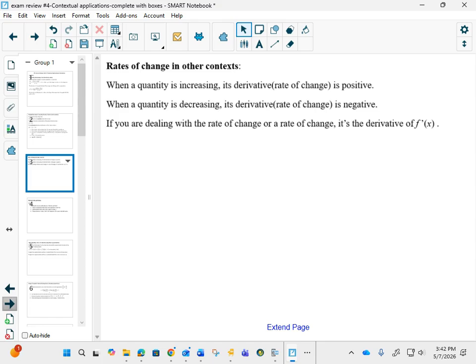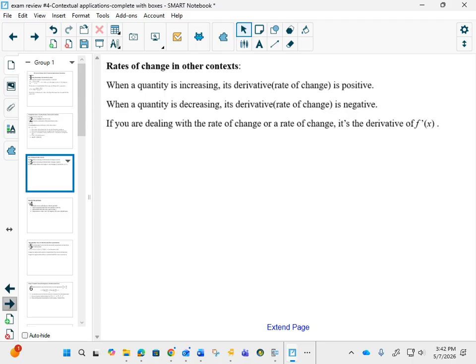Rates of change. When a quantity is increasing, its rate of change is positive. When a quantity is decreasing, its rate of change is negative. If you're dealing with the rate of change of a rate of change, it's the derivative of f prime of x.